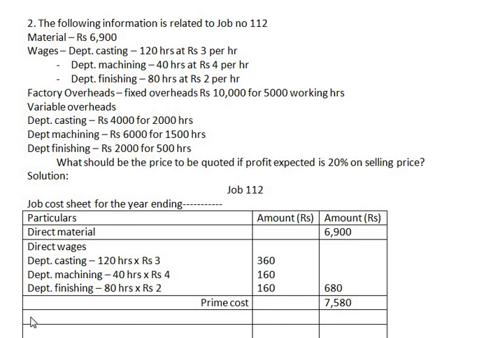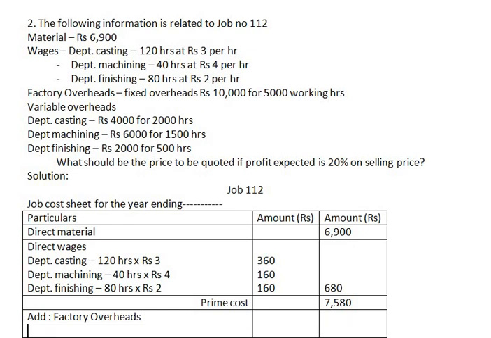Now next, add factory overheads. In factory overheads, there are two things that are given: fixed overheads and variable overheads.